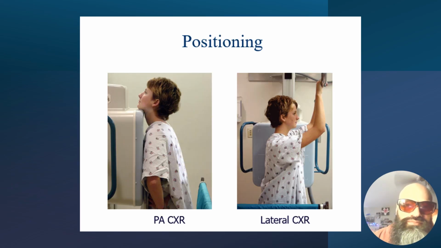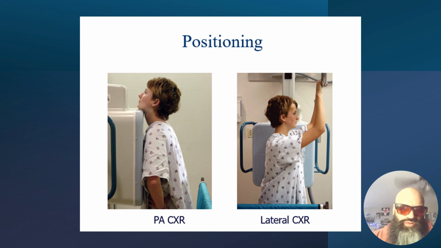Now, the PA view, which you can see here on our left, has this patient laying directly on the region where the film is located. The most important structures that are in the chest, such as the heart and the great vessels, are located anteriorly.